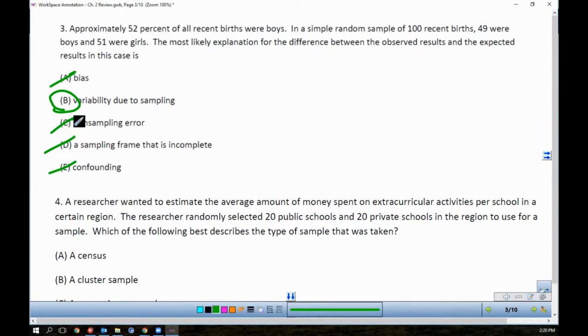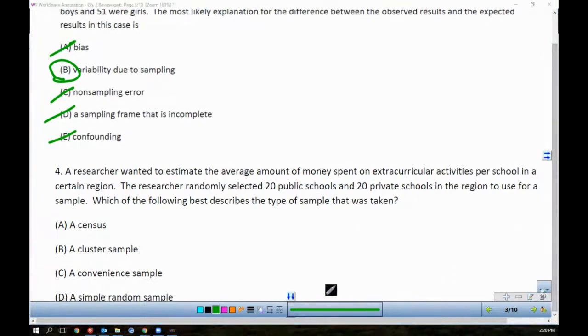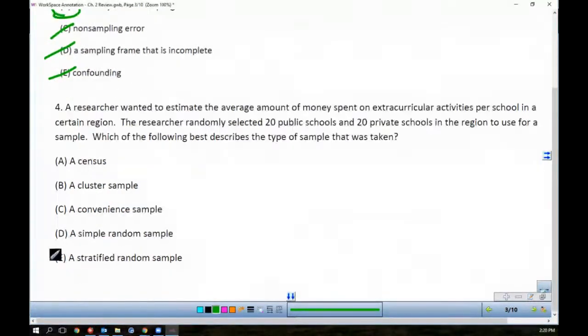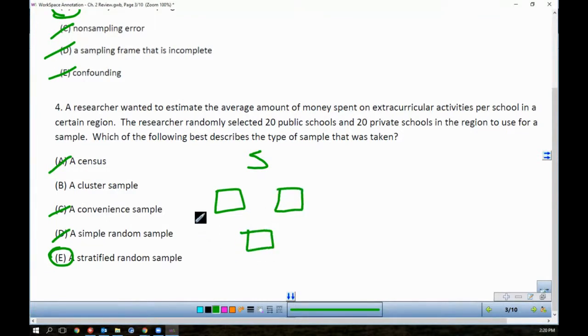And then for number 4, the answer is stratified. And we're kind of running out of time. But the way to remember this, if you were stuck between stratified and cluster: stratified means you have, let's say, 3 different populations or groups, and you just pick a few from each group.